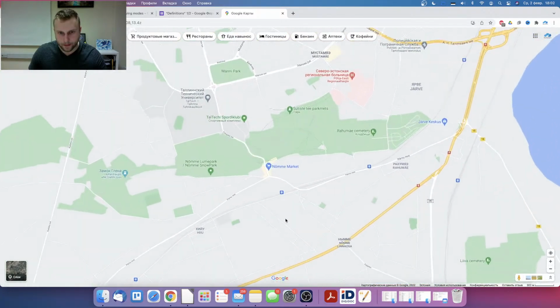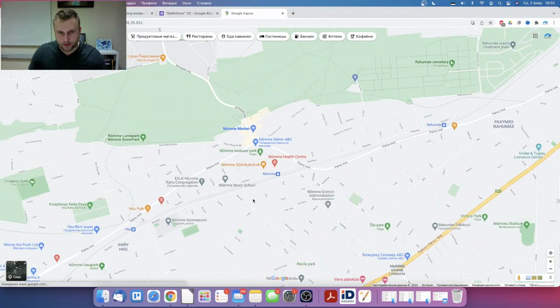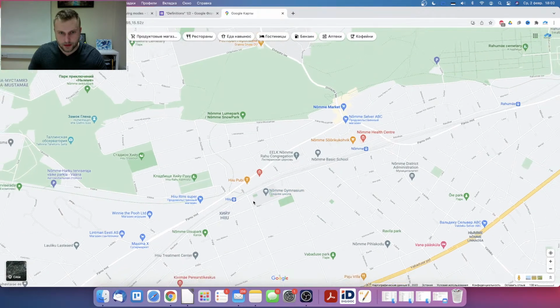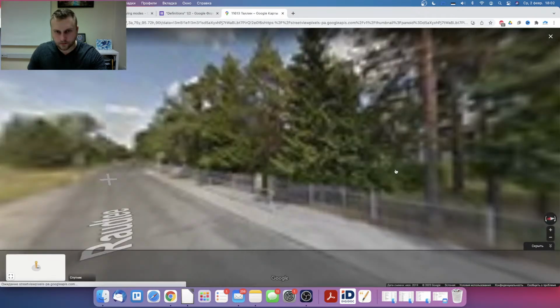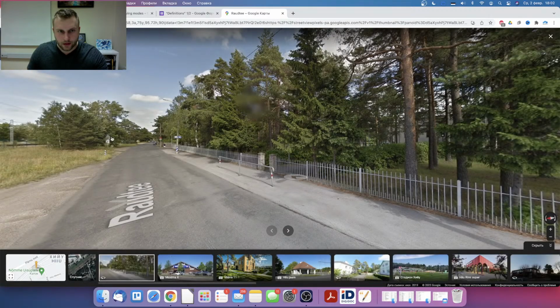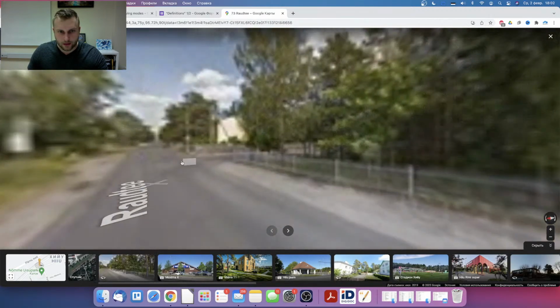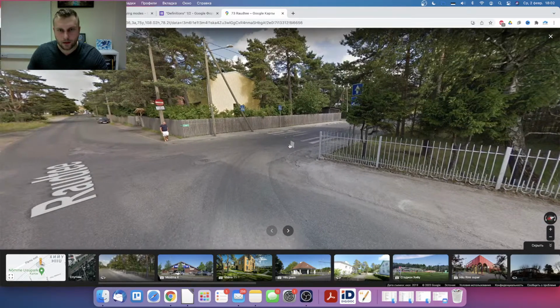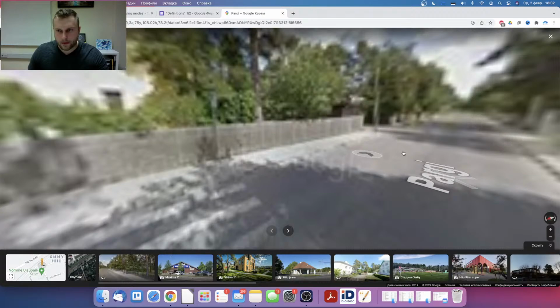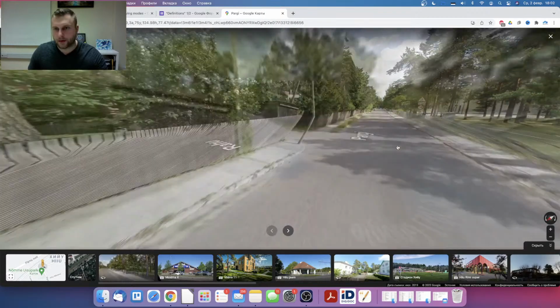It should be on this street. Okay, a little bit far. For example, this one.